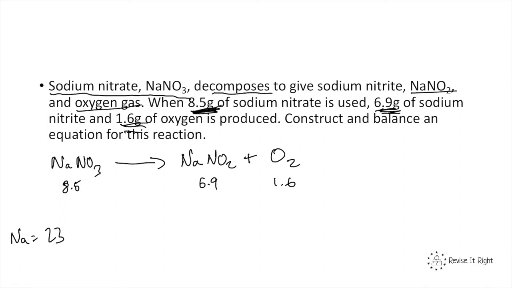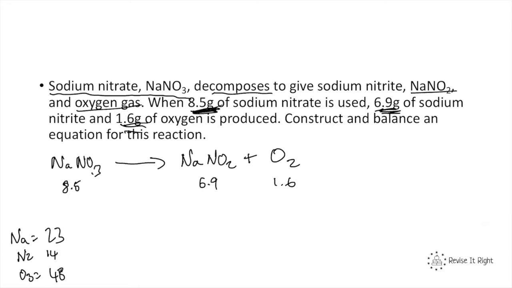Then N, nitrogen, is 14, remember it's the larger number. And O3: the mass of oxygen is 16, but there's 3 of them, so times by 3, it's 48. If we add them all up, 23 plus 14 plus 48, we get an MR of 85.